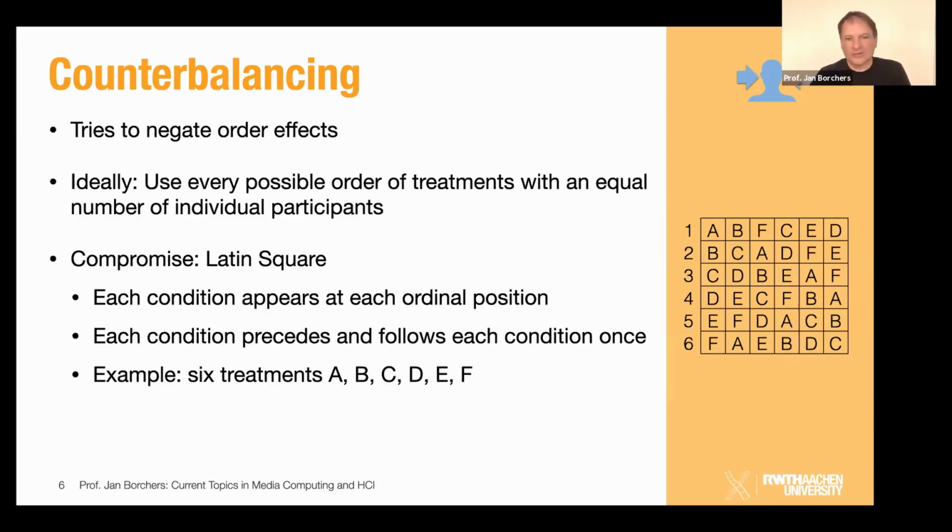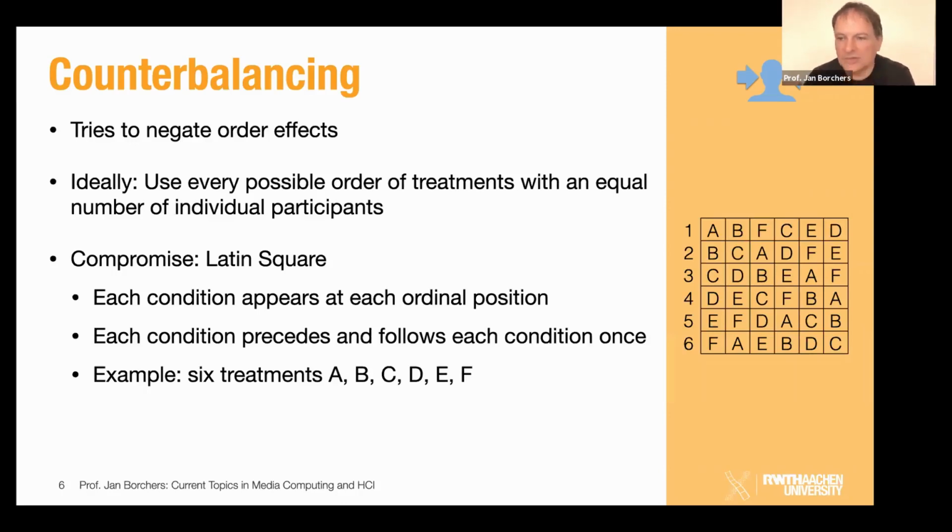That's a compromise. It gives you some balance, canceling out order effects. It's not as perfect, mathematically speaking, as the n factorial fully permutated orders, but much more realistic.